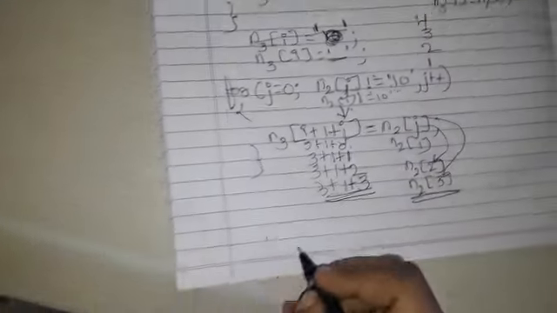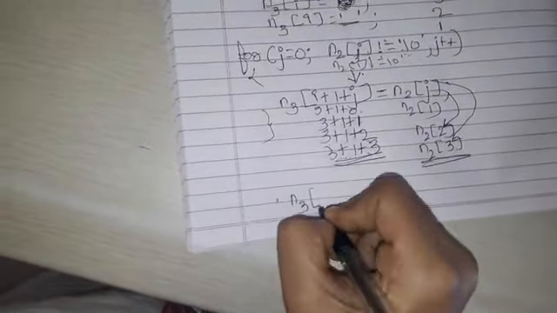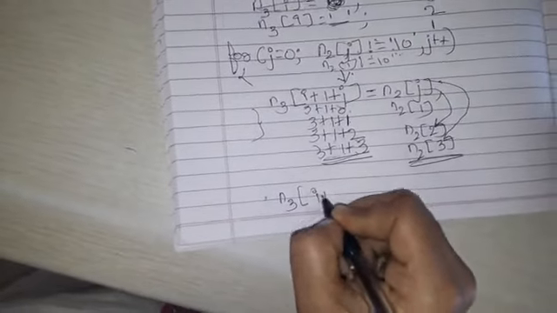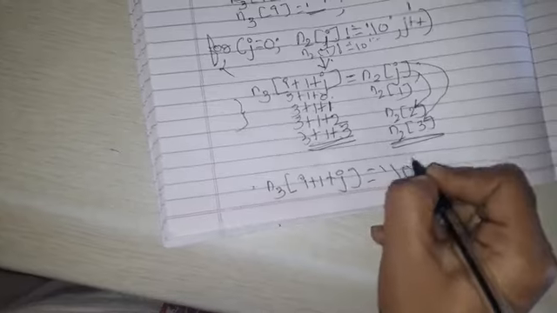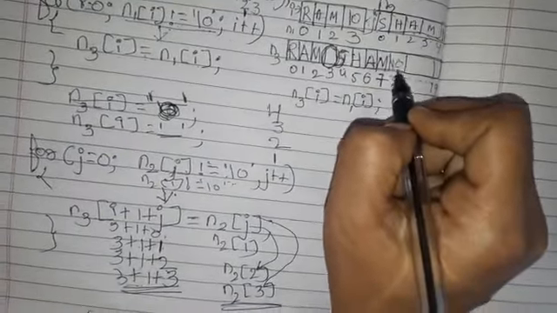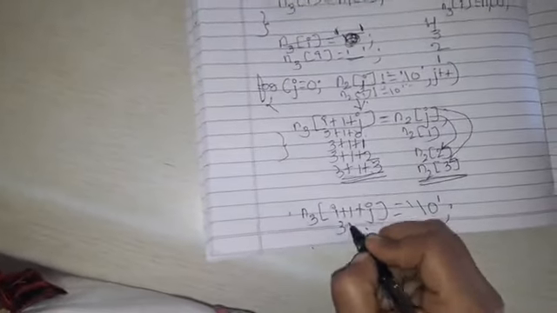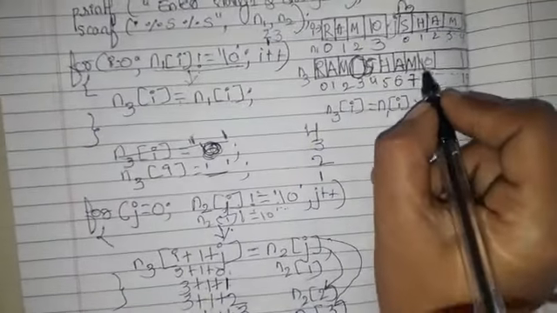That's why I'll write n3 of i plus 1 plus j is equal to null, because we know that at the end of the string null must be taken. Successfully I kept it, because 3 plus 1 plus 4 is 8. n3 of 8 is null.